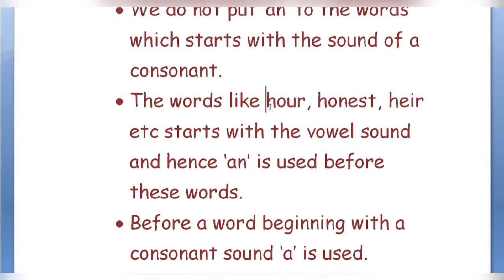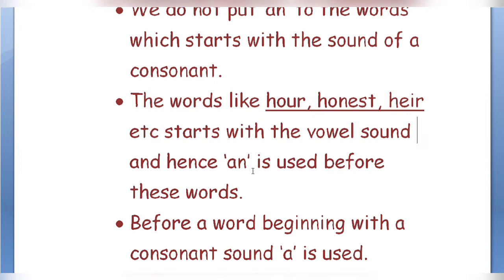Okay, have a look at these three words. The first letter in these three words is H, but when you pronounce them, you say hour, honest, heir. When you say hour, you are using the vowel sound A. Honest, you use the vowel sound O. Heir, again you use the vowel sound A. So before such words, you use the indefinite article an.